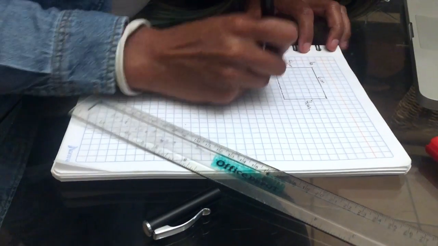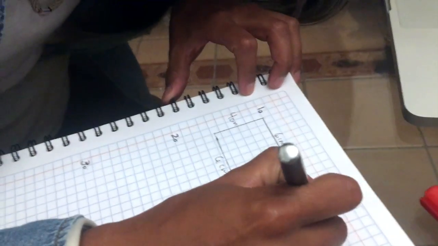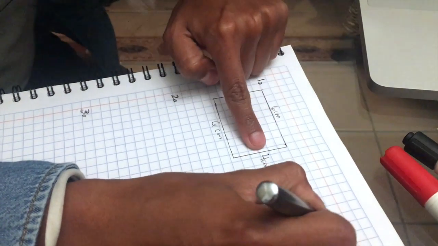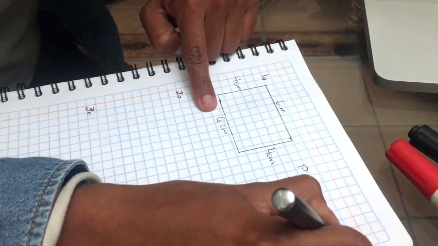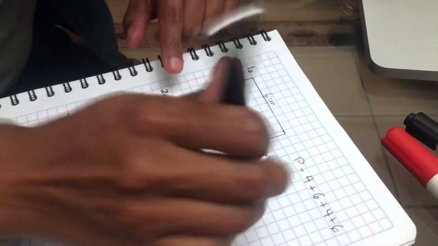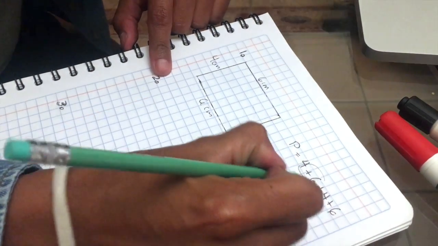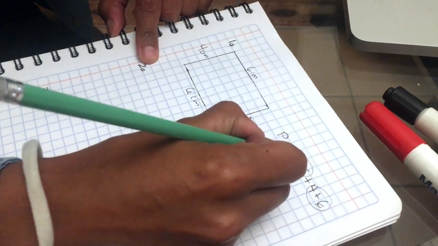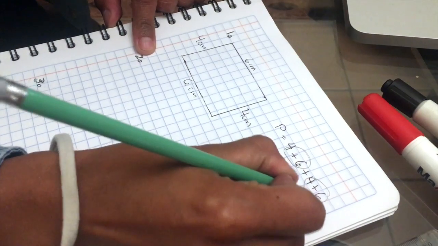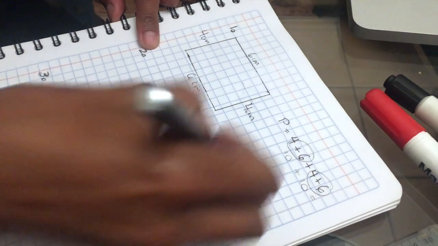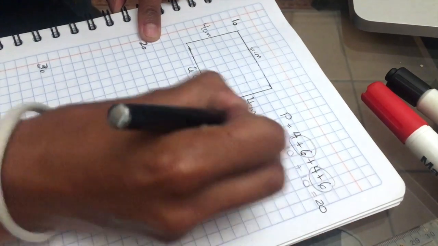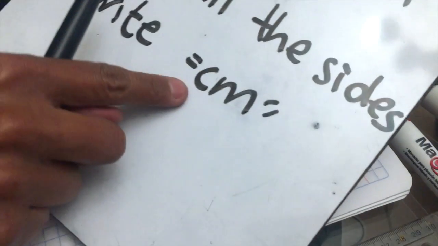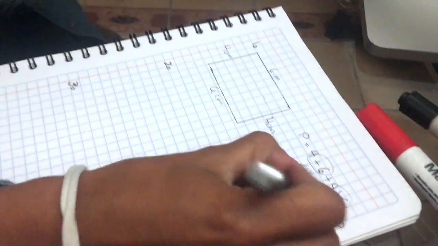So the perimeter would be 4 add 6 add 4 add 6. I'm going to use my number bonds to 10, 10 and 10. So 4 add 6 equals 10, 4 add 6 equals 10. 10 add 10 equals 20. So my perimeter would be 20. 20 what? Centimeters.